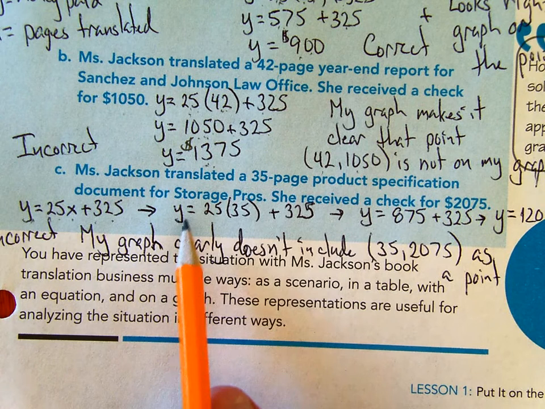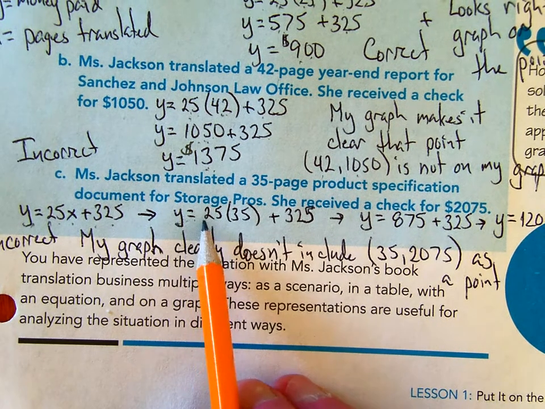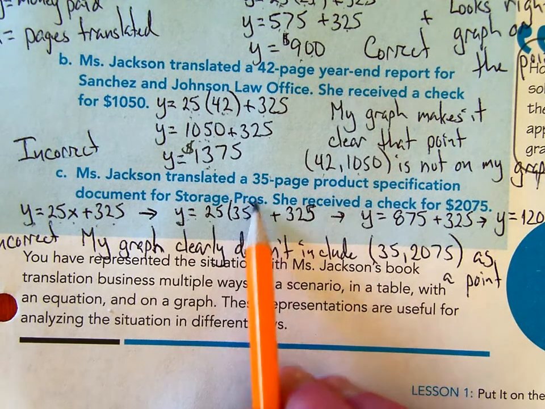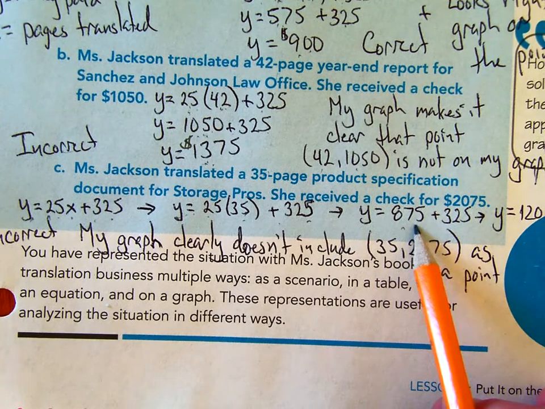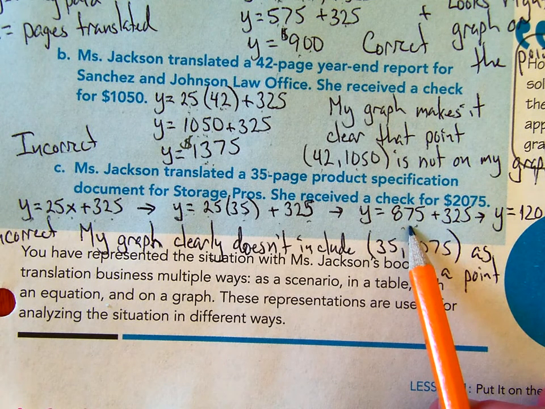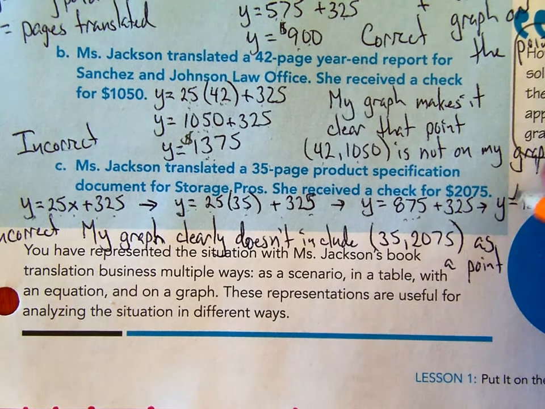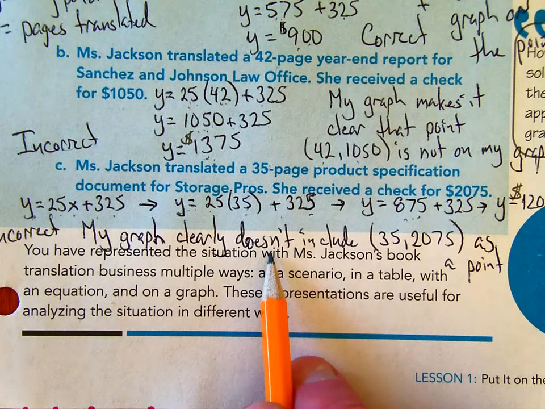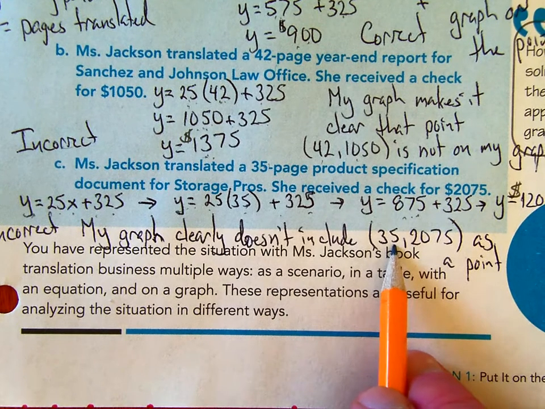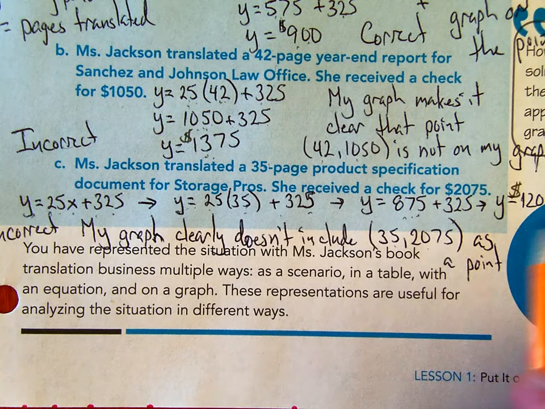So output, or my dependent variable, equals 25 times 35 pages plus 325. 25 times 35 is 875 plus 325. And so the check should have been $1,200. My graph clearly showed that my line didn't include the point (35, 2075). So that amount was incorrect.